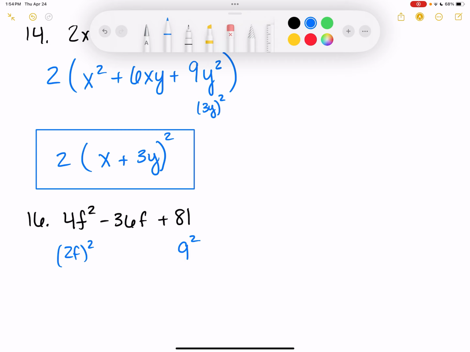So I know that this is 2 times 2f times 9, which is 36f. So this is a perfect square trinomial. How would I write it? 2f minus 9 all squared. So it's first term, sign in the middle, and then last term.